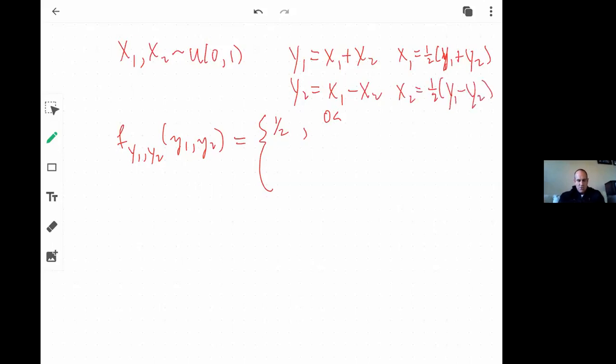So this was for 0 less than x1 less than 1, which means that I have, let me use lowercase letters now, 1/2 (y1 plus y2) less than 1, and also for 0 less than 1/2 (y1 minus y2) less than 1, and 0 otherwise.